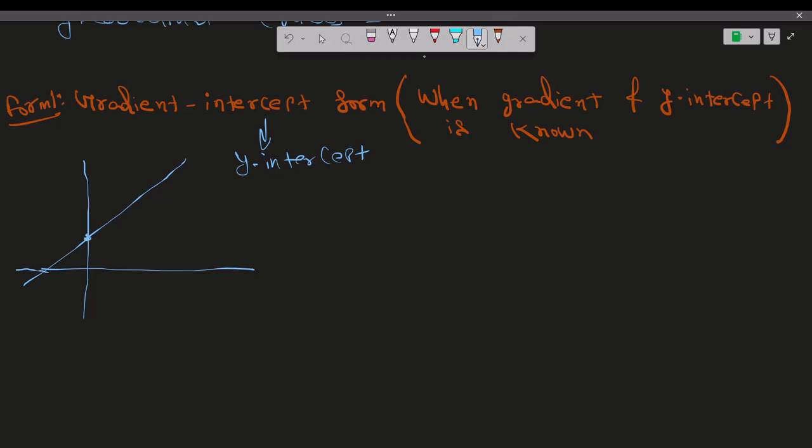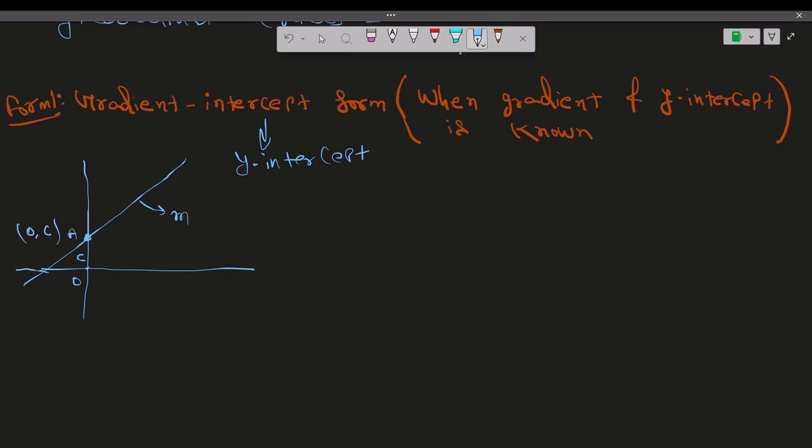Let us call this point C, meaning the y-intercept is C, this distance is C. This is the origin and let us call this point A. So the distance OA is C basically. Do we have the coordinates of A? Yes, it will be 0 comma C. And the gradient of this line we know is M.